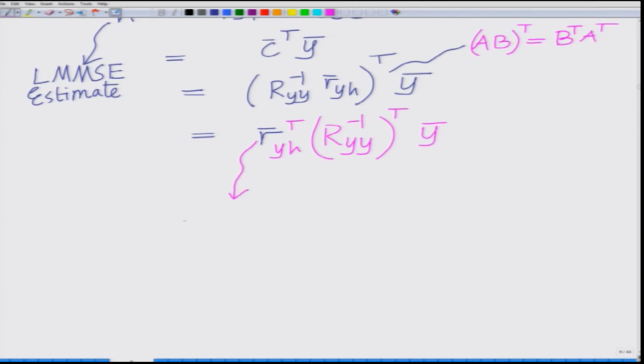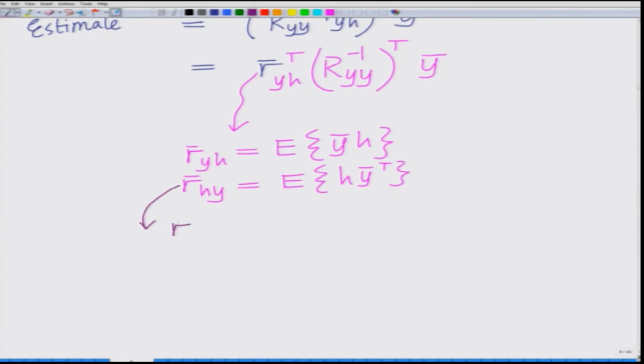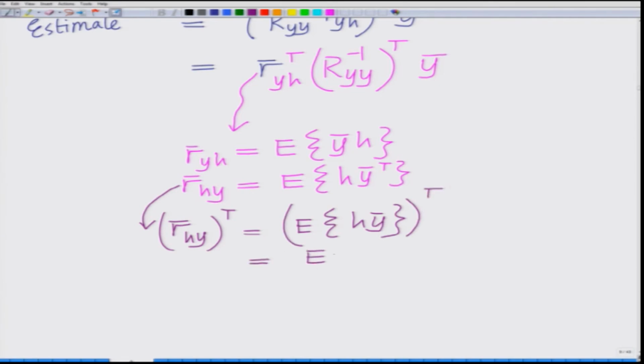Now observe two things. One is this R bar YH is expected value of Y bar into H, and R bar HY is expected value of H Y bar transpose, and therefore, if you take the transpose of R bar HY, that is equal to expected value of H Y bar transpose, which is equal to expected value of Y bar transpose into H, because H is a scalar quantity, H transpose equals H. So, this will be R bar YH.